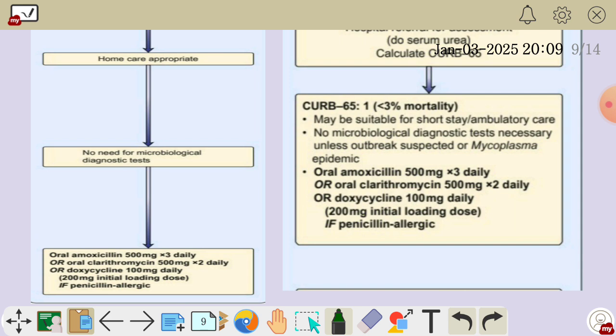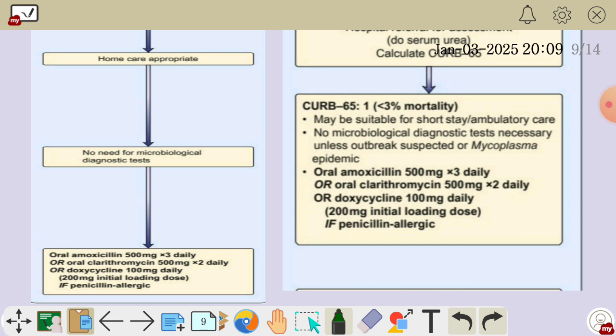Okay, so remember that the initial loading dose is 200 milligrams, and we can give doxycycline if the patient is allergic to penicillin. So you can give clarithromycin or doxycycline.